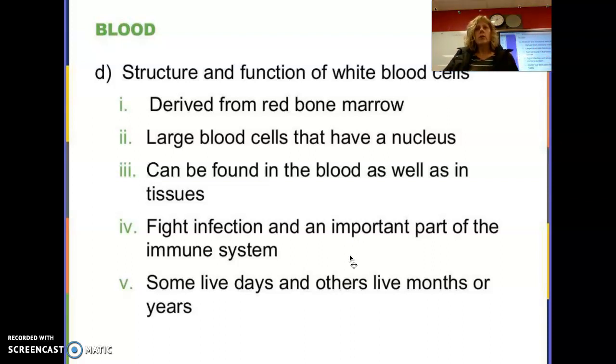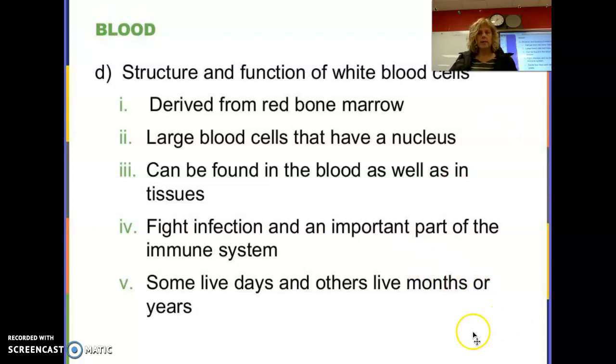Conversely, they also are very alarmed if your white blood cell count is low, because that can mean something else. It can mean an autoimmune disease. It can mean cancer is destroying your white blood cells. Things like lymphoma, for example, would be a type of cancer that would indicate that.